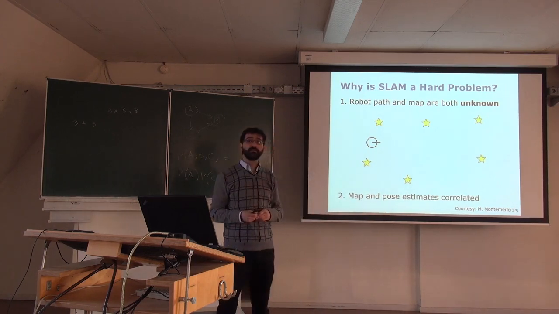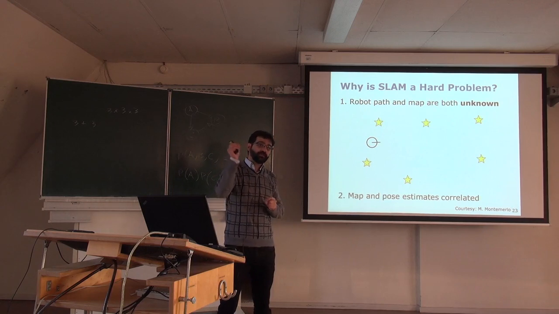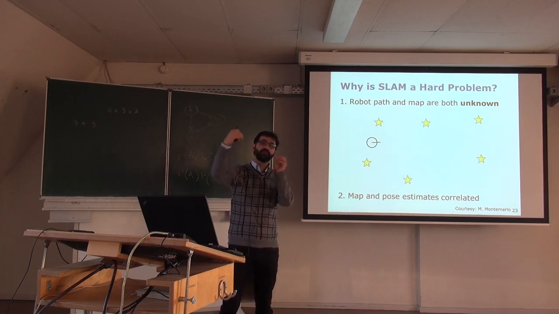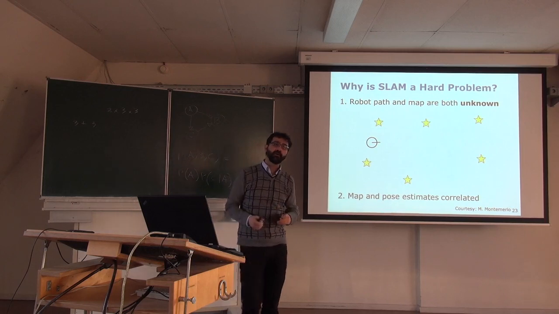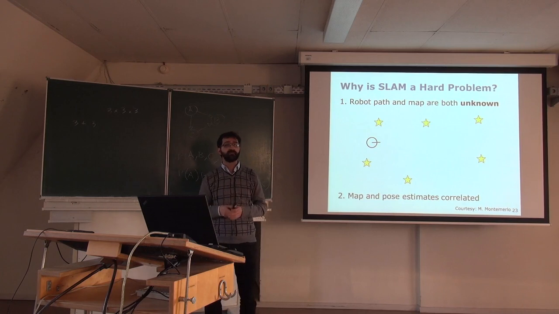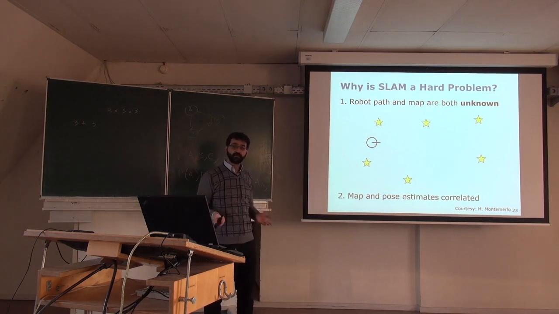It means that if we change a bit in the map estimate, the pose estimate will also change. So they're kind of connected by springs, and you cannot move them independently. So if we get back to the idea of independence, they are not independent, but they are correlated.